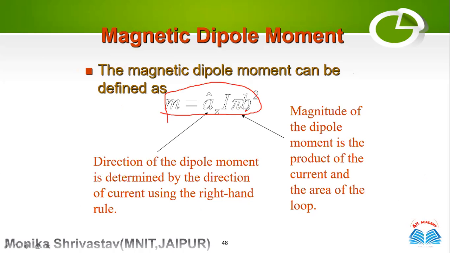The area of a circle is pi r square, and we were considering b as the radius of that loop, so pi b square will be the area. So m equals I pi b square. Basically, the formula of magnetic dipole moment is m equals I dot A, where A is area and I is current.